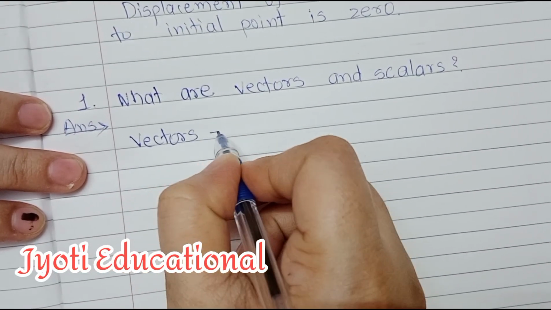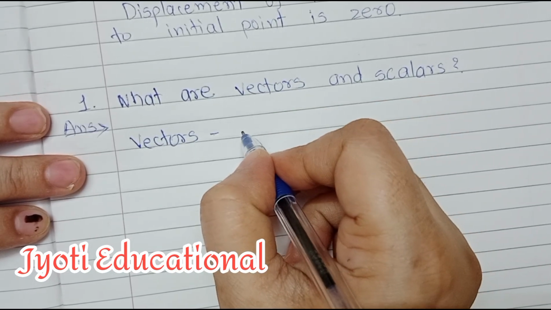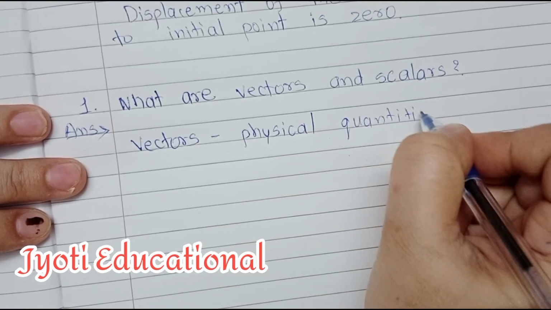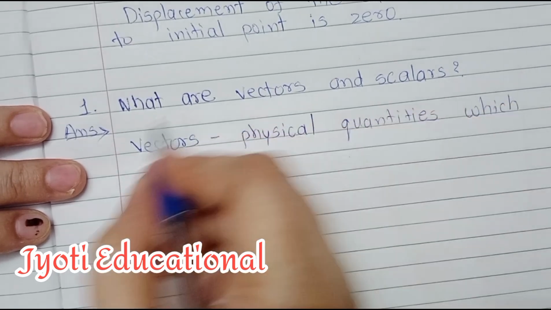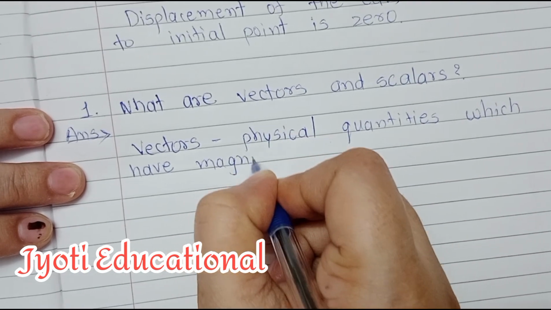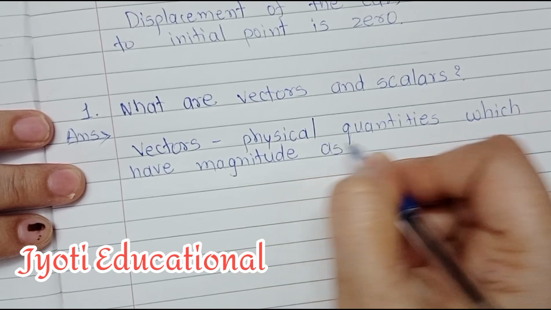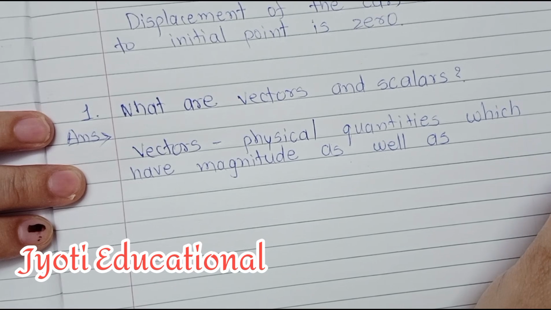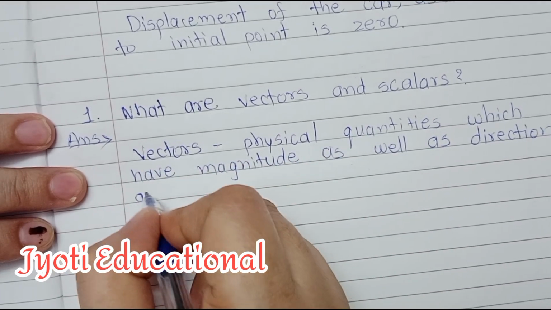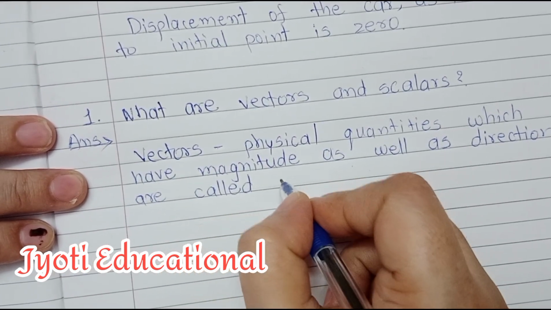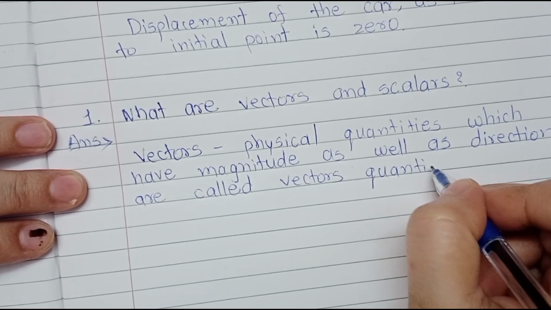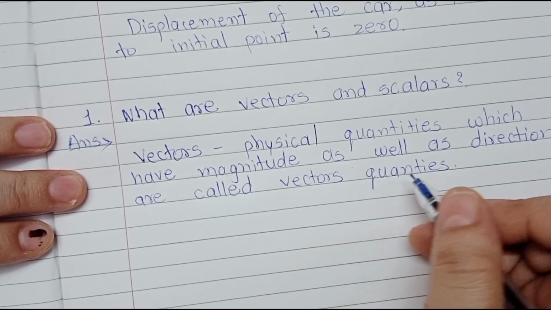Vectors: physical quantities which have magnitude as well as direction are called vector quantities, or vectors.